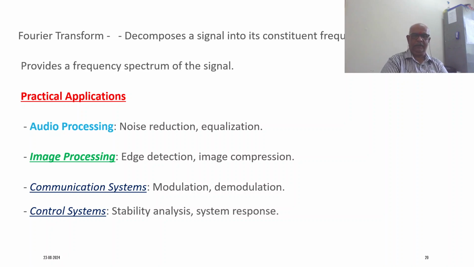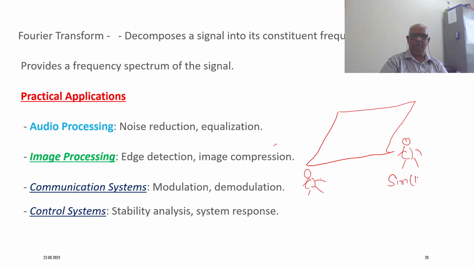We can take, for example, you can imagine there is a cloth, and this cloth is being excited by humans. Let's say I have got 2 or 3 persons sitting. This guy is running with sine kx only.